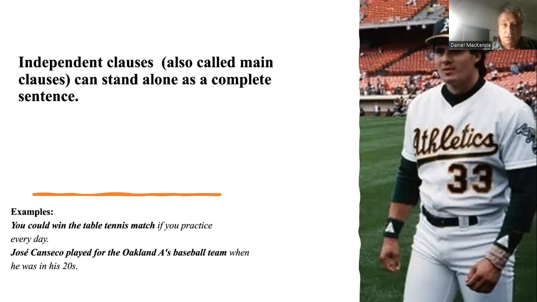It is an independent clause, and it doesn't depend on the rest of the sentence. Another example, Jose Canseco played for the Oakland A's baseball team when he was in his 20s. Jose Canseco played for the Oakland A's baseball team, which is in bold, is a complete and independent sentence.